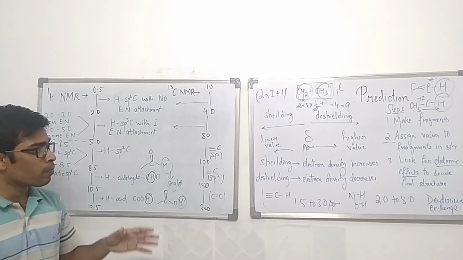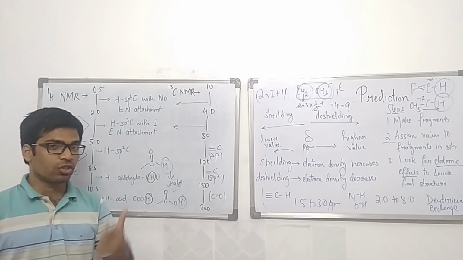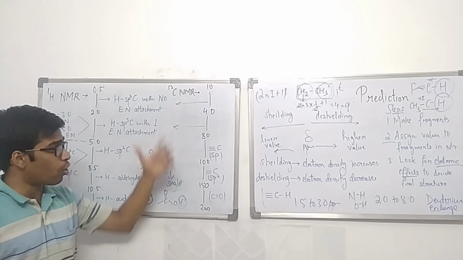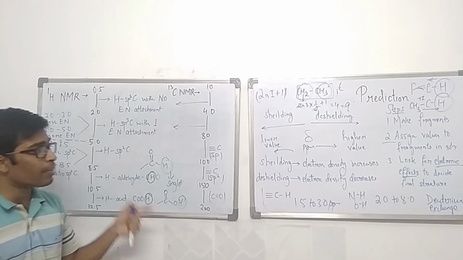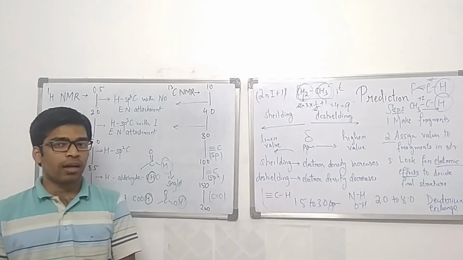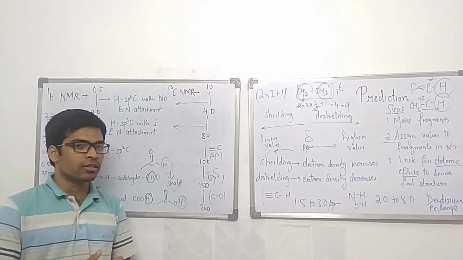And NMR structure prediction is one of the favorite topics in all the exams. So it's good that you memorize all these values or ranges. At the same time, in this particular video, I will not be discussing those questions which have coupling constants with them, because that needs a little bit more explanation that will come up in some other video.